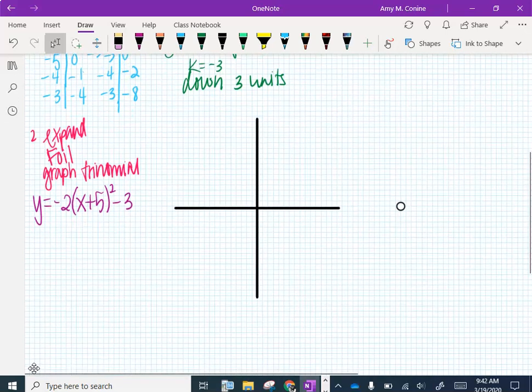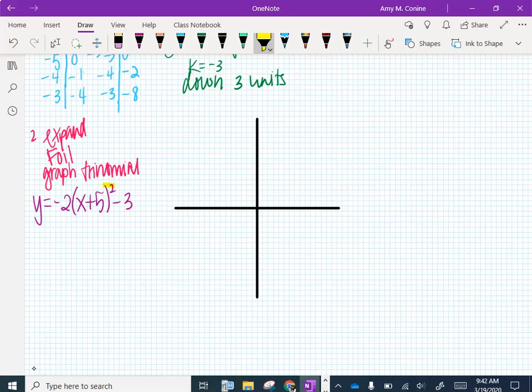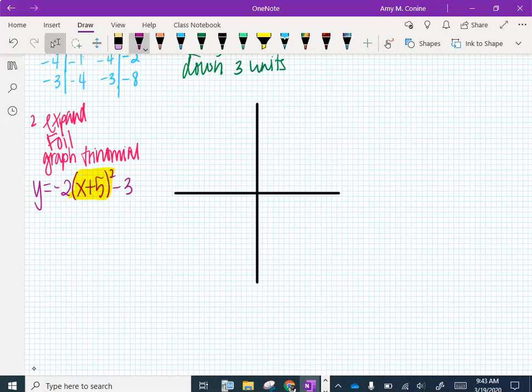So the other way to do this is expand this part, foil or smiley face it, however you like to remember it. And then once you've collected all your like terms, to just graph how we normally graph. So I'm going to do that. I'm going to show you exactly how to do that. So I'm going to expand because the 2 means I have 2 of these binomials.